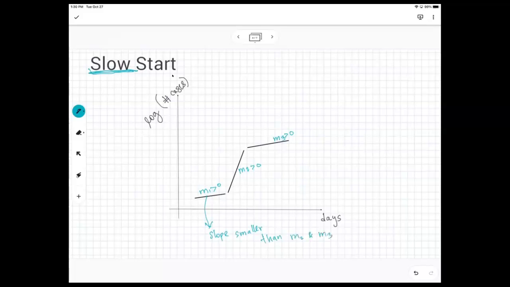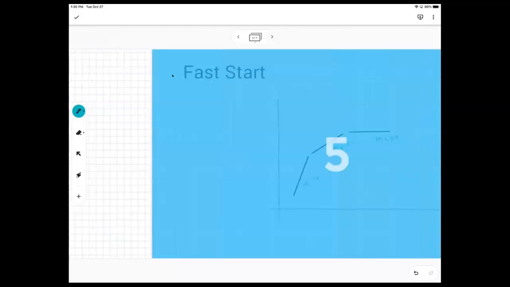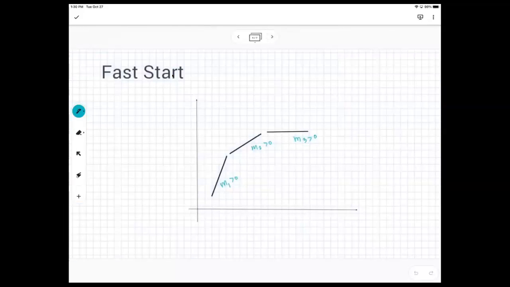In the other case, the very initial slope M1 is the largest of the three positive numbers. This value of M1 is bigger than M2, and M1 is also a lot bigger than M3.